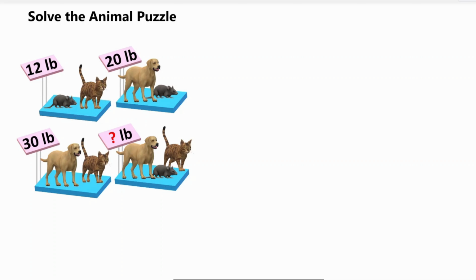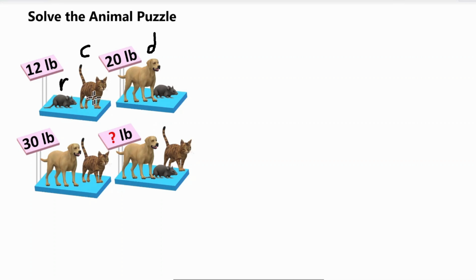So to do that, let's first give each different component, or animals in this case, a variable. So for the rat, I'll give it R. For the cat, I'll give it C. For the dog, I'll give it D. Okay, so now let's draw each different scale, two animals in a scale.